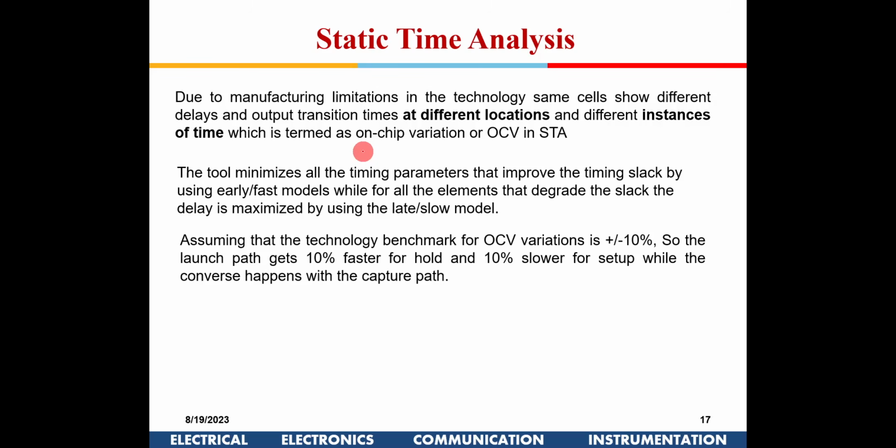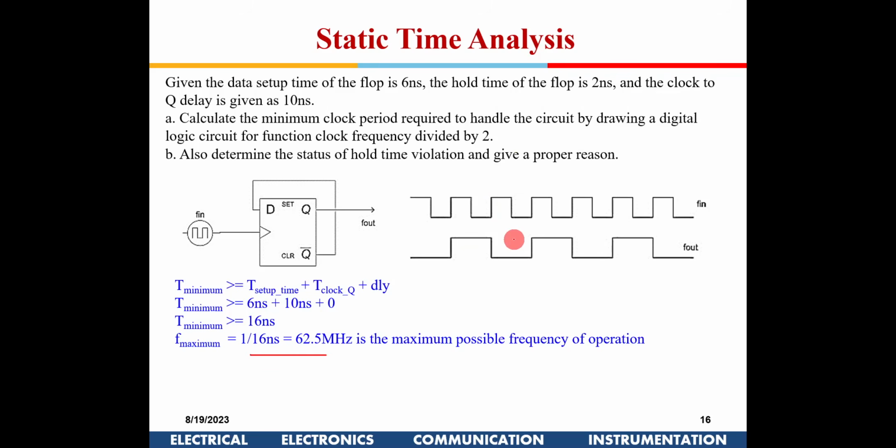Even a small marginal difference in the T oxide during fabrication can change the VT. VT will change the total current available, and these are known as on-chip variation, OCV variation.